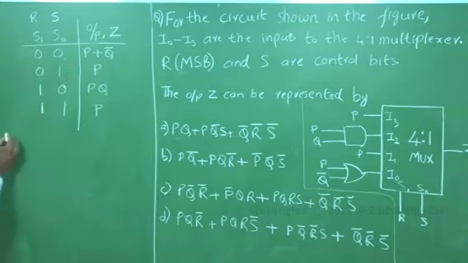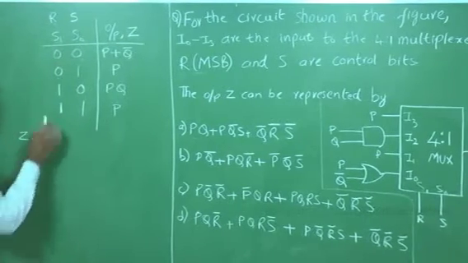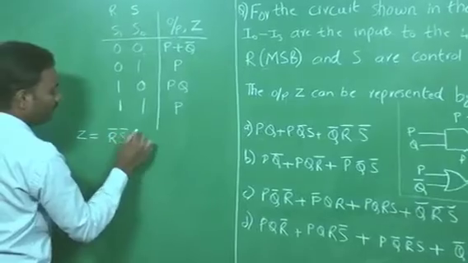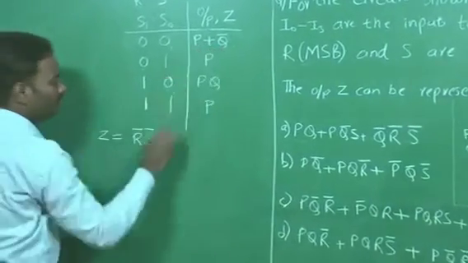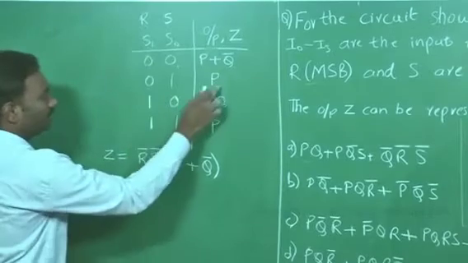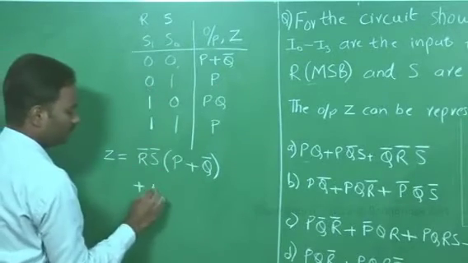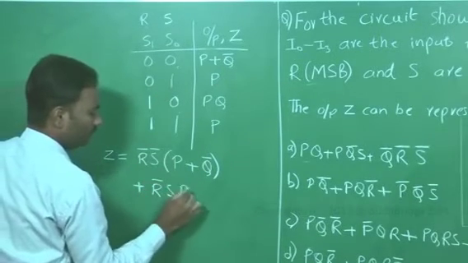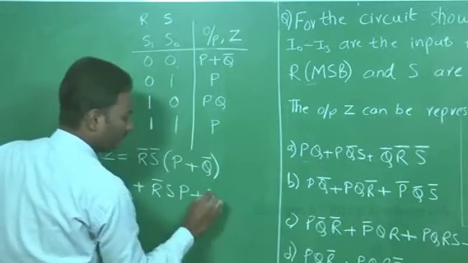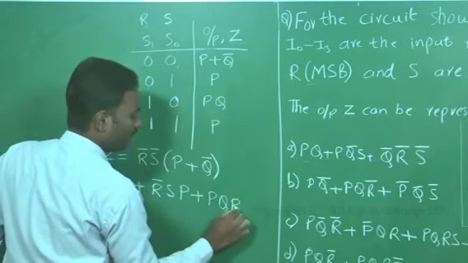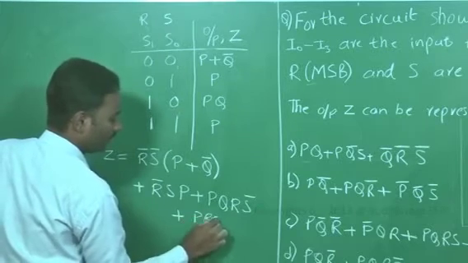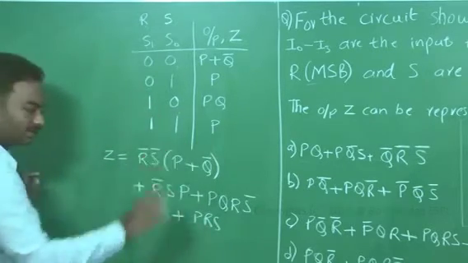So the output Z can be expressed as, here 0 and 0 represents R bar S bar, and the output is P or Q bar, plus the next term is R bar S into P. Next term is R S bar into PQ, that is I can write PQ R S bar, and the next term is P R S, P into R S.